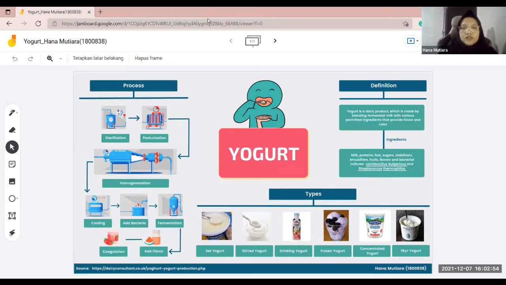It usually contains 3 times the protein of ordinary yogurt, and it is absolutely loaded with probiotics. So it can be the healthiest one. Okay, that's my answer. Can you catch my answer? Yes, Miss Hana, thank you. Thank you, Anisha.